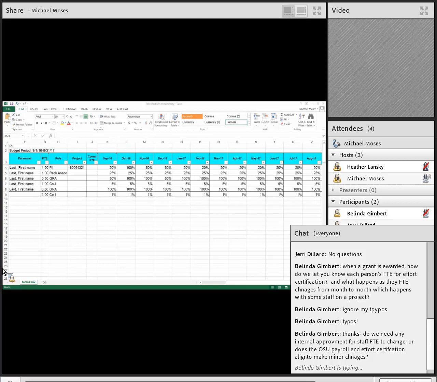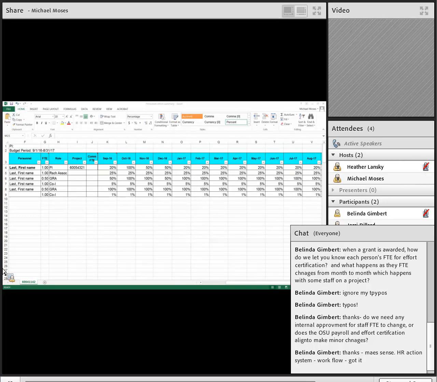Yeah, it's a workflow issue. And again, the guiding principle should be major changes to senior faculty effort or PI effort. A second level of internal approval would be communicating that to OSP and getting them to interface with the sponsor to get that approved.